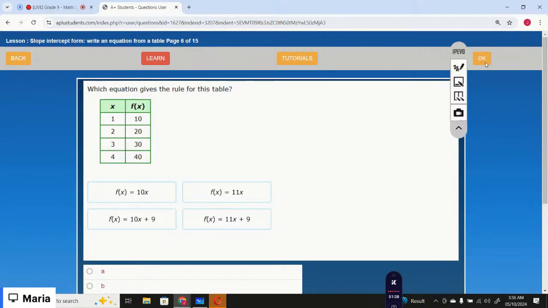Which equation gives the rule for this table? So, which is the correct option?